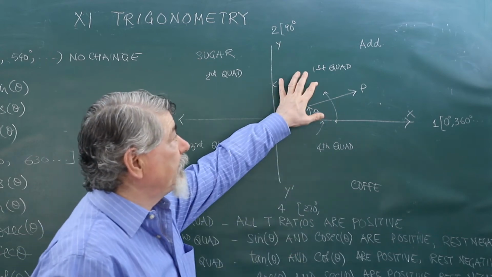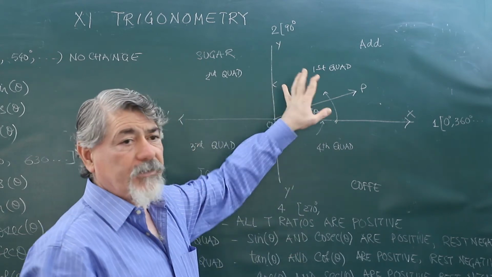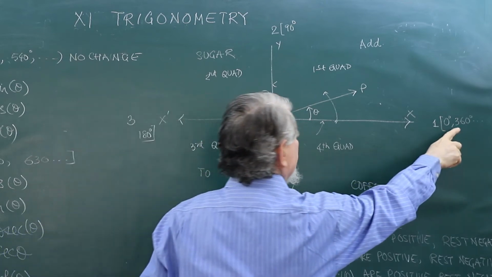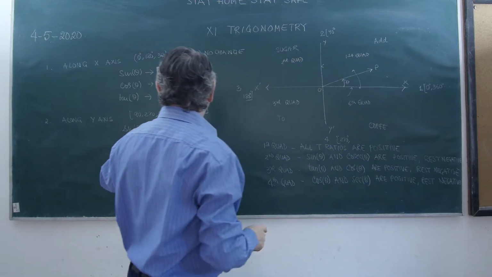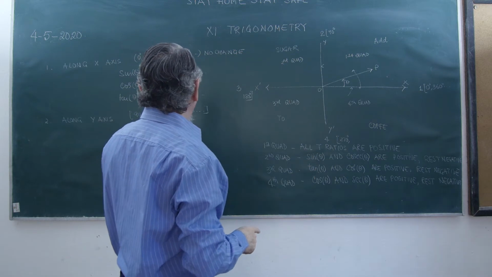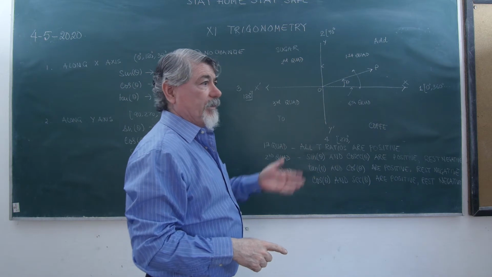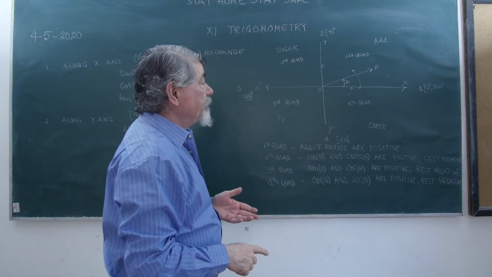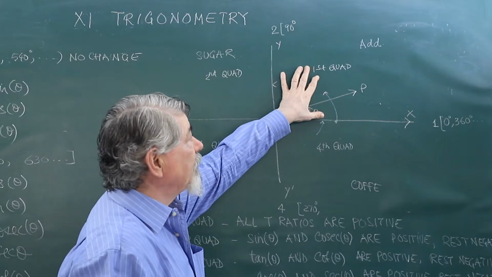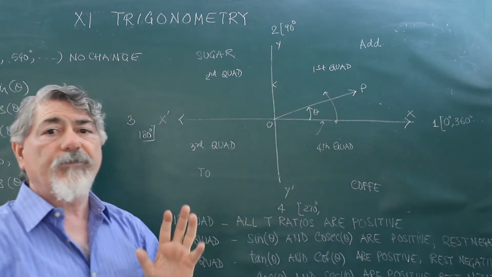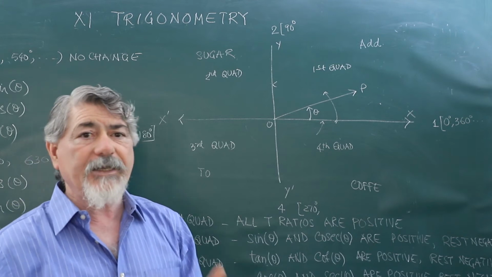So all the angles which fall in the first quadrant, like 360 and then after 360, 450, values like that will keep coming. So all the trigonometric ratios in this quadrant will be positive, whether it is sine, cos, tan, cosec, sec or cot.